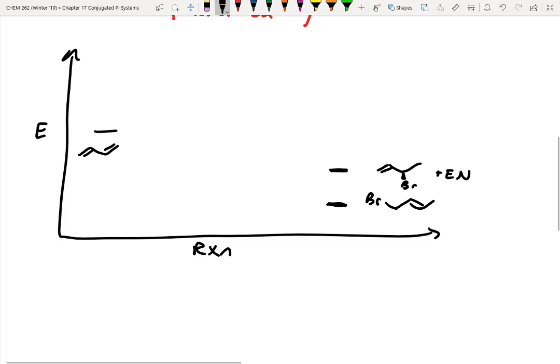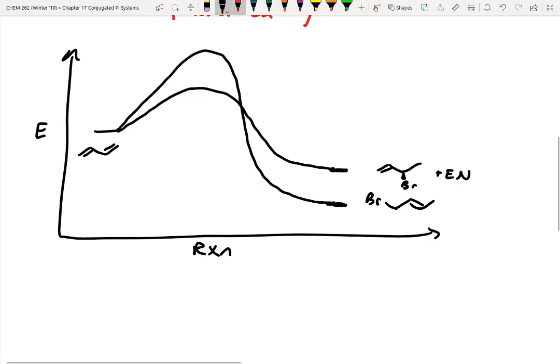And then the kinetic product, we said, has a lower activation energy because it doesn't have to float as far to find that positive carbon. So we'll draw it like that. Where the 1,4 addition product, it actually has to move a couple positions over to find that positive charge.